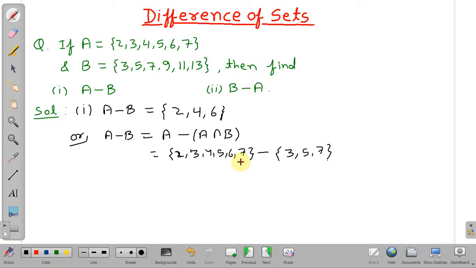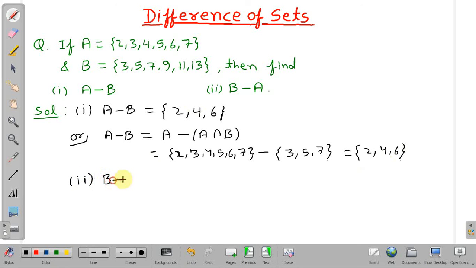So from A we have to remove 3, 5, 7. So directly we can write 2, 4 and 6. Now you can check this and these are same. So whatever method suits you, you can follow that method.